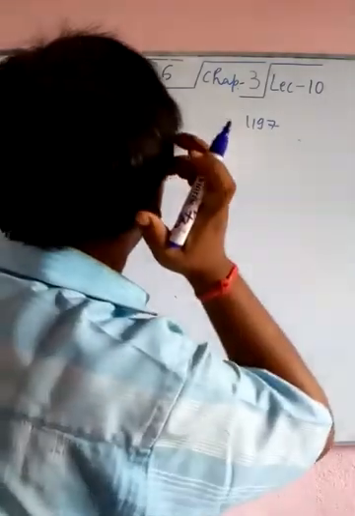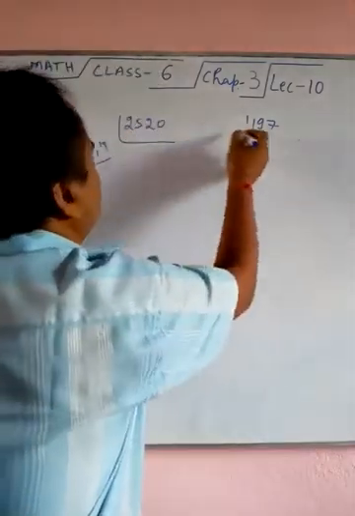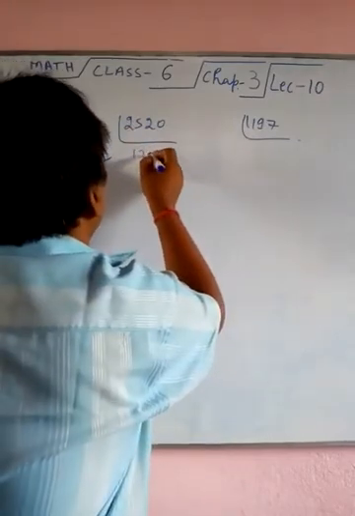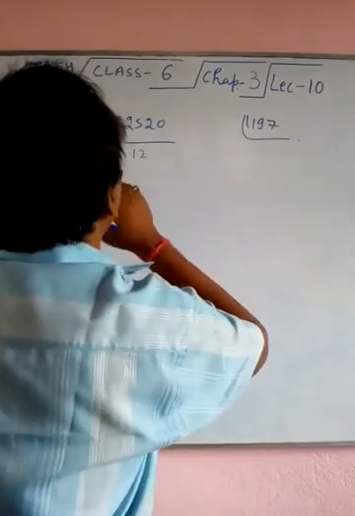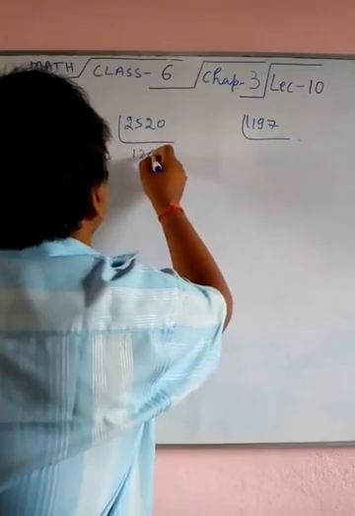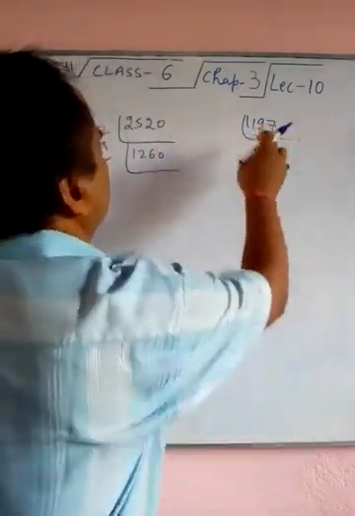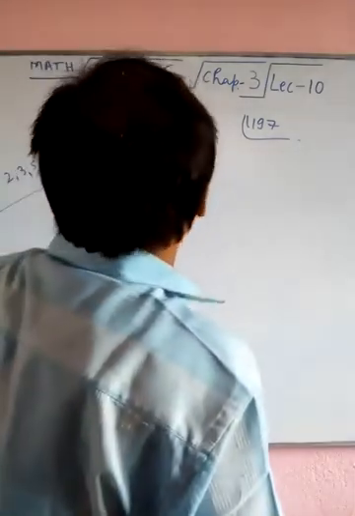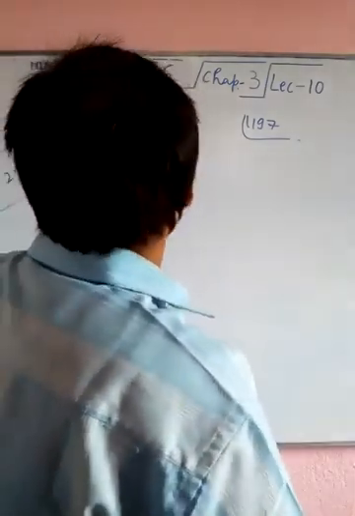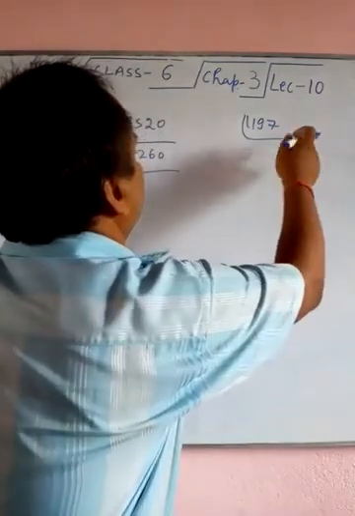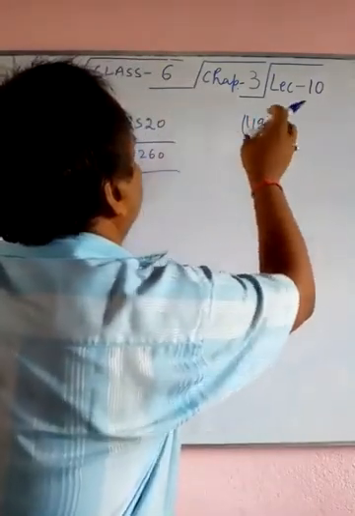So first we will divide by 2. Here it will be 1260. Here at the unit place 7 is there, so we cannot divide by 2. So we will check by 3. Then it will be 1 plus 1 is 2, then 11 plus 7 is 18.